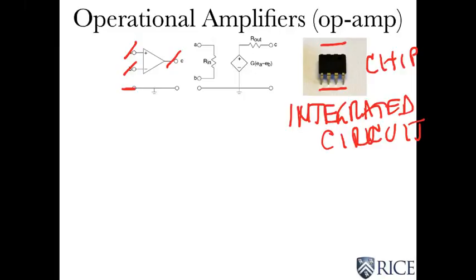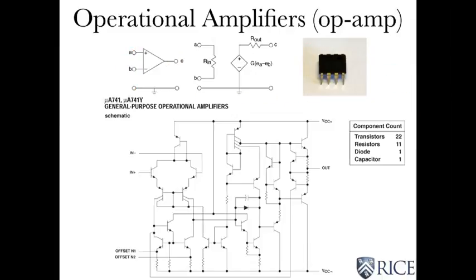So what's inside this chip that can provide the power gain and is modeled by our dependent source model? Well, I think you'll be a little surprised by the complexity. So, this is what's inside what's known as a 741 op-amp, operational amplifier.